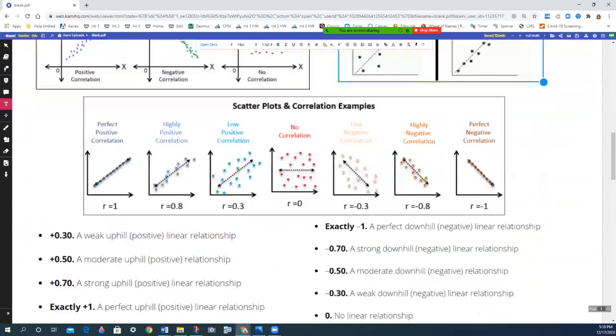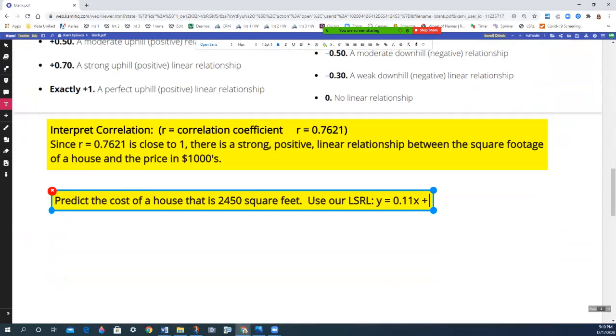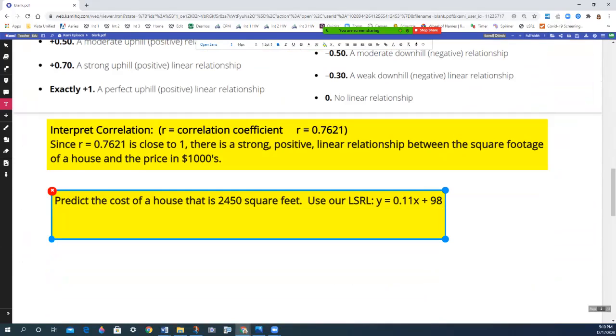Okay, so 98. Now I have to remember that when I get my answer, this is really going to be in thousands. So we're going to substitute 2,450 in for x and find the y.